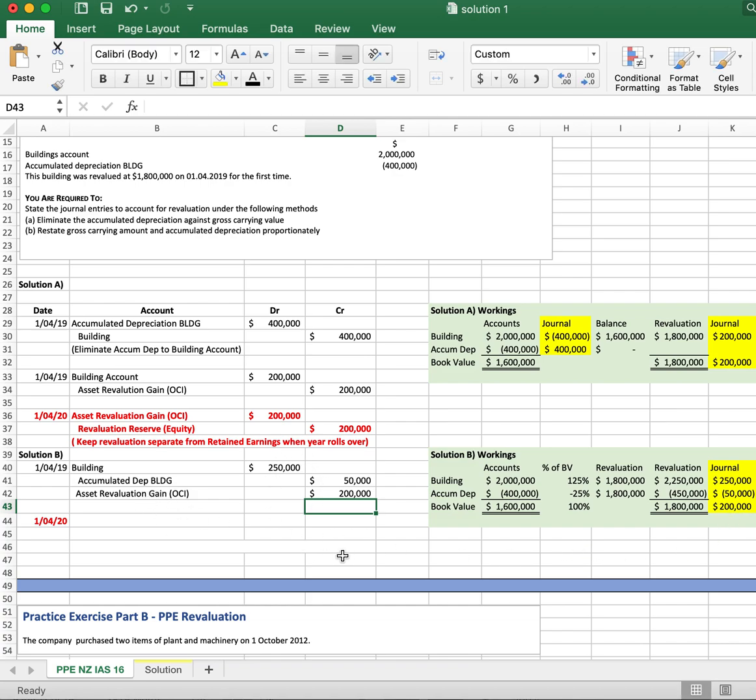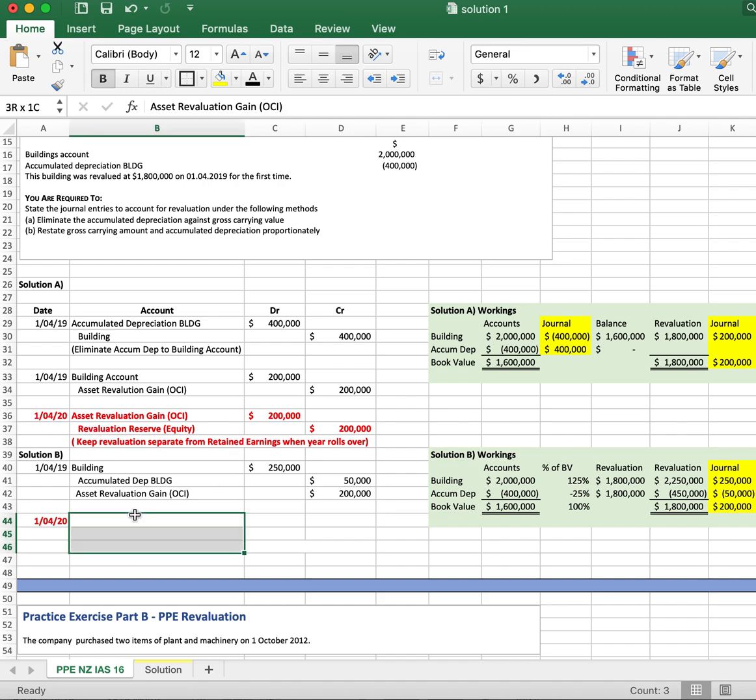So that's the journal entry where we just pro rata the revaluation against the current values in the asset and the accumulated depreciation account. So those are the two different methods, right? So you should be able to do this, okay? And then the next journal is exactly like the one above it.